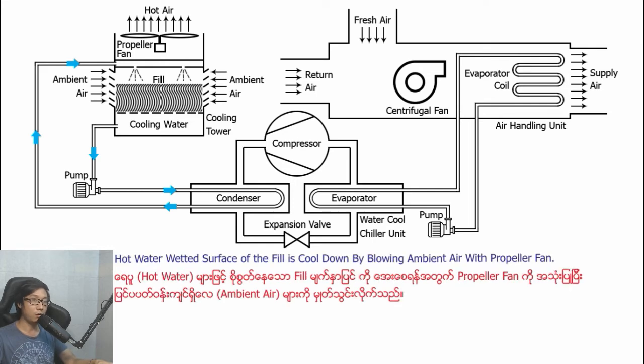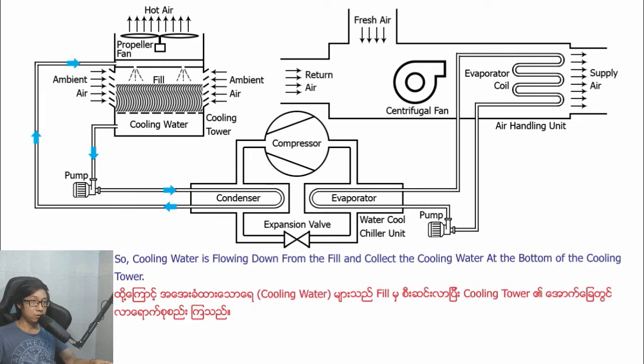The hot water on the surface of the fill is cooled down by ambient air blown by the propeller fan. So, cooling water flows down from the fill and collects at the bottom of the cooling tower. The propeller fan blows the hot air to the outside of the building.